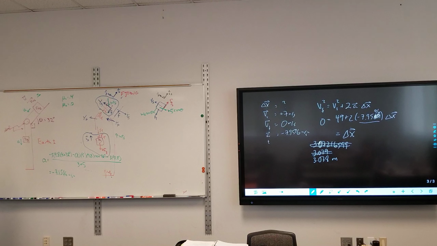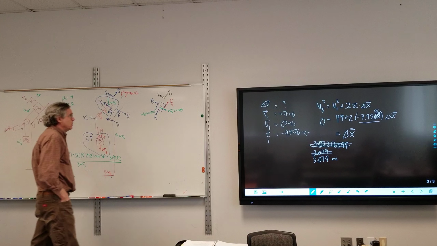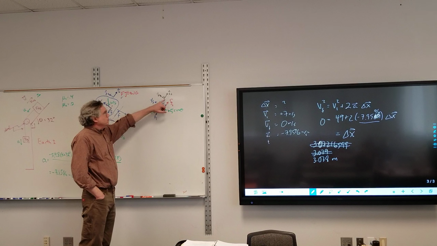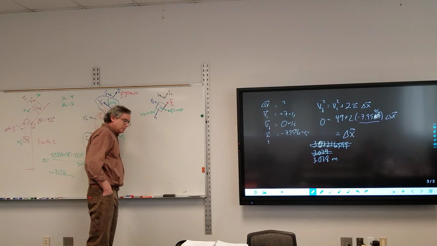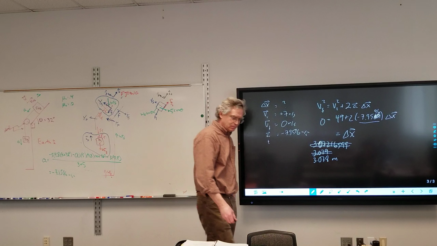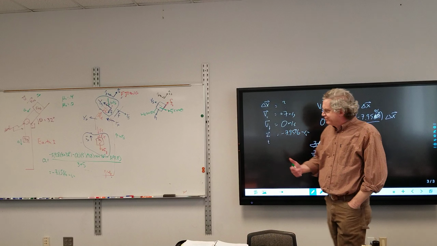If it's going to accelerate, which way will it accelerate? Down to the left. Yeah, that hasn't changed. So, do we want to flip the direction of i5 hat, or keep it? I'd say keep it, because we know it's going to be going down, so we can just say the acceleration is negative.